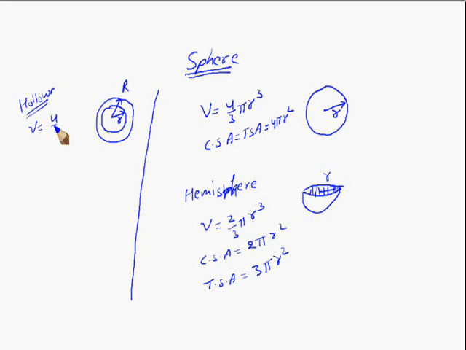So 4 upon 3 pi capital R cube minus 4 upon 3 pi small r cube. By taking 4 upon 3 pi common, we are getting capital R cube minus small r cube. Now the total surface area of the hollow sphere is 4 pi capital R square.